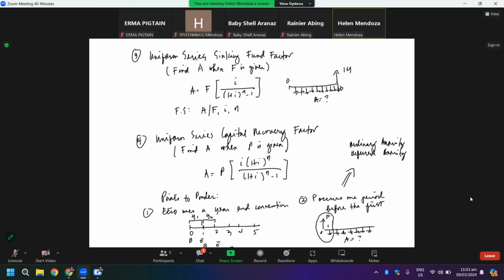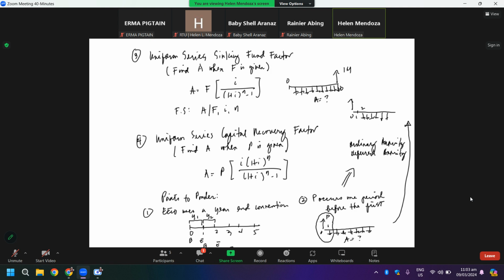So you would ask, how then would I deal with finding an A value when I have to consider the relationship between P and the first A in the series? All you have to do, for instance, if your first A, bawa ito po, no? Gawin natin na deferred. You borrow funds today and the expectation is that you will pay at time 2.